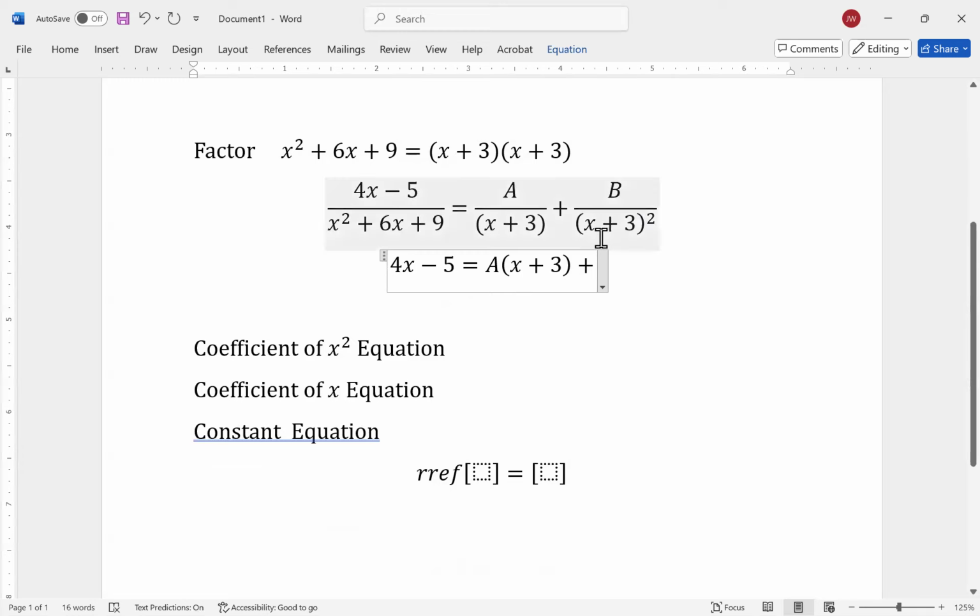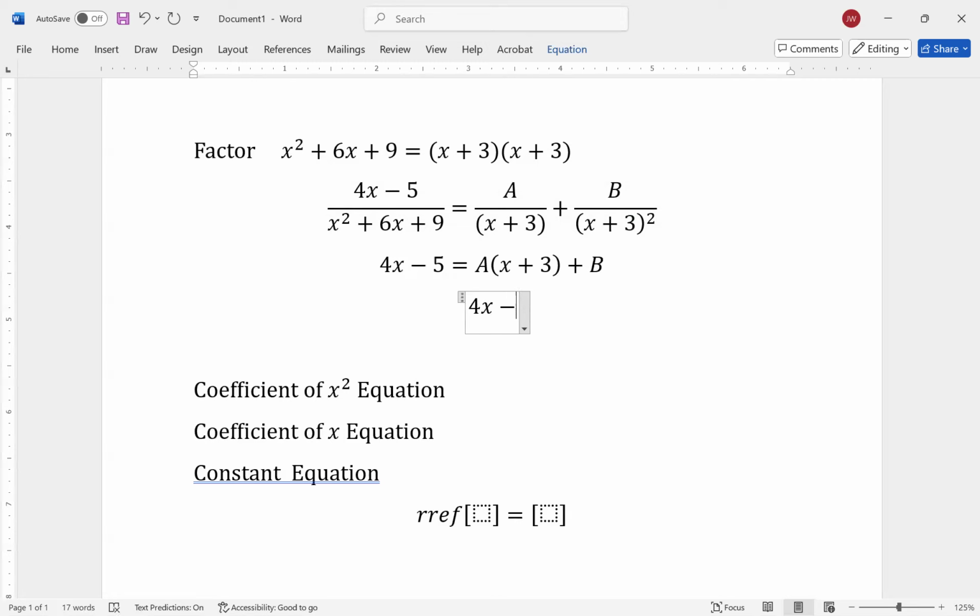Now, interestingly enough, x plus 3 squared is, like we just said, x plus 3 times x plus 3, which is in fact the denominator that we already wanted. So what I've done is I've said this thing is like a real number over x plus 3 plus another real number over x plus 3 squared. Well, x plus 3 squared is already the denominator I want, so I just need B there. I don't have to multiply by anything on top and bottom. That gives me this equation.